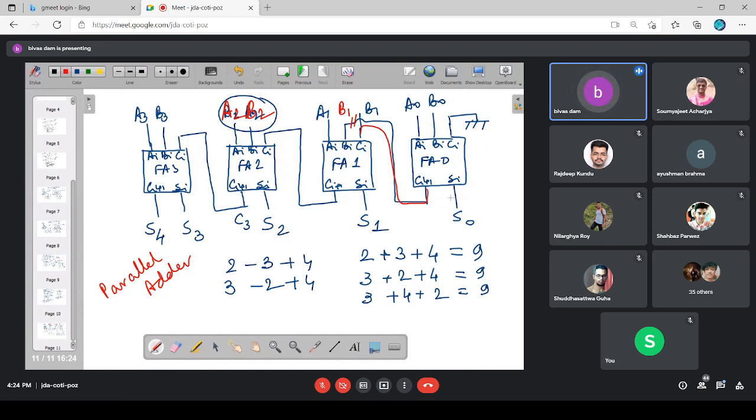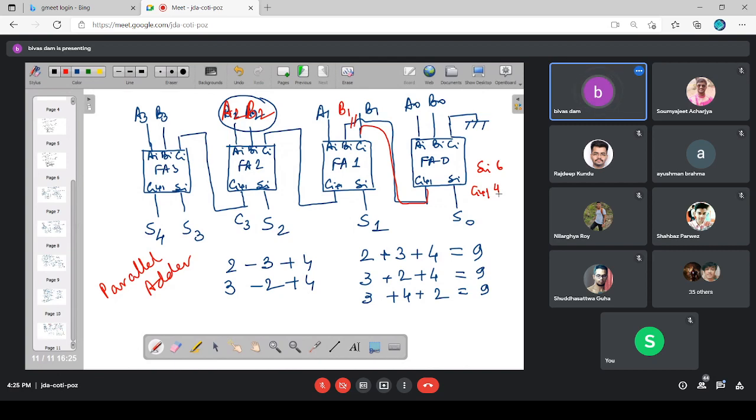All the Ci plus 1s will have similar response time, and all the Si's will also have similar response time. Let the response time for Si be, say, 6 nanoseconds, and for Ci plus 1 it is, say, 4 nanoseconds.